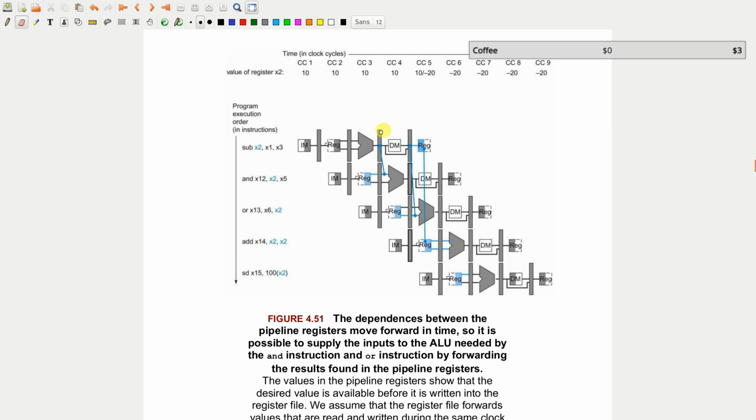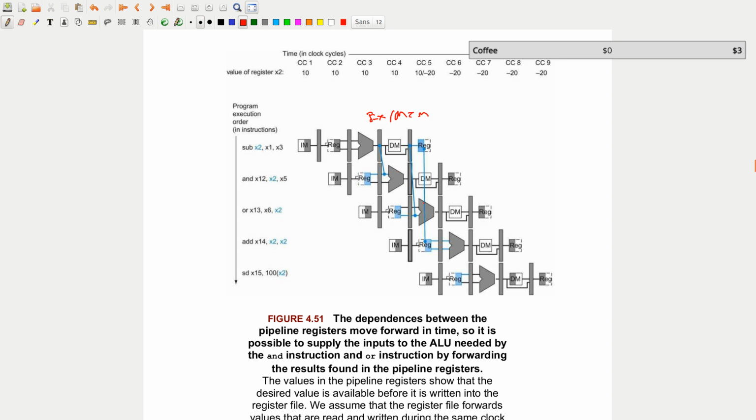So in some cases, we need to forward it immediately. So in the case of this AND instruction where we need it immediately at execute, we have to forward it from this. So this will be the execute mem pipeline register.